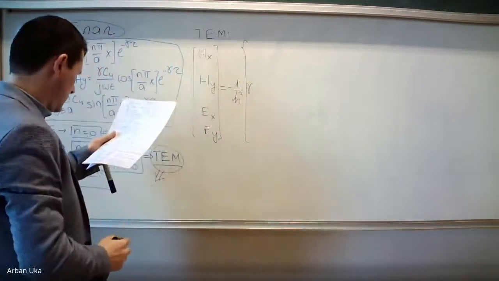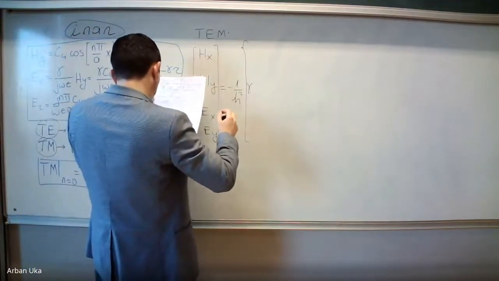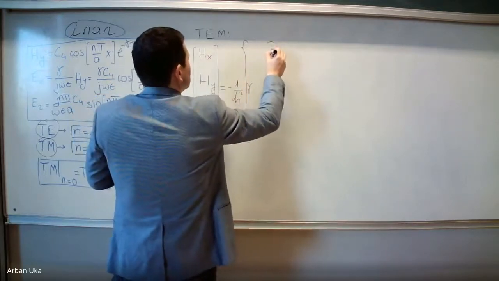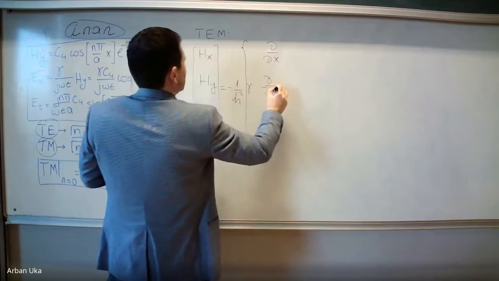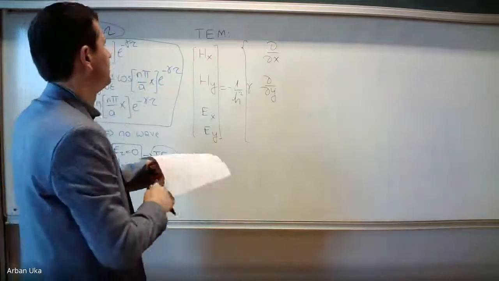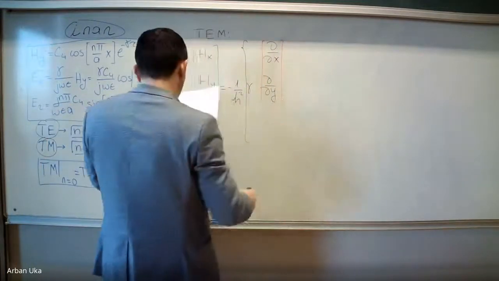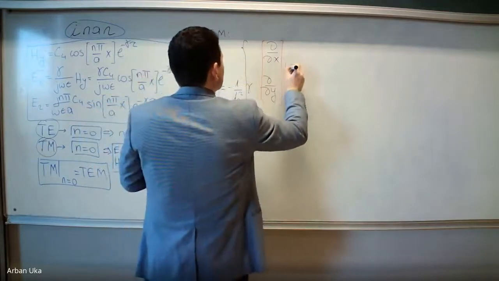This is gamma times d over dx, d over dy, d over dx, d over dy of Hz.